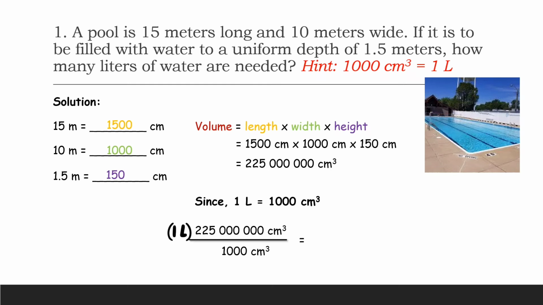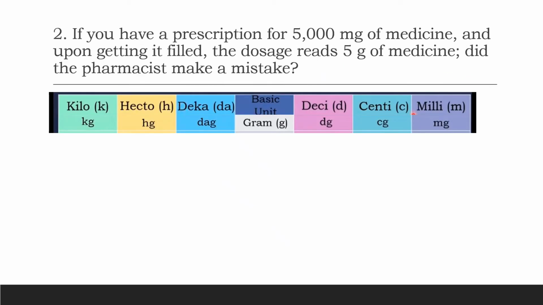Okay, so since 1 liter is equivalent to 1,000 cubic centimeters, we have 225 million cubic centimeters divided by 1,000 cubic centimeters is equal to, so cancelled natin yung units niya na cubic centimeters, then we get 225,000 liters. Okay? Did you get the correct answer? I hope so.